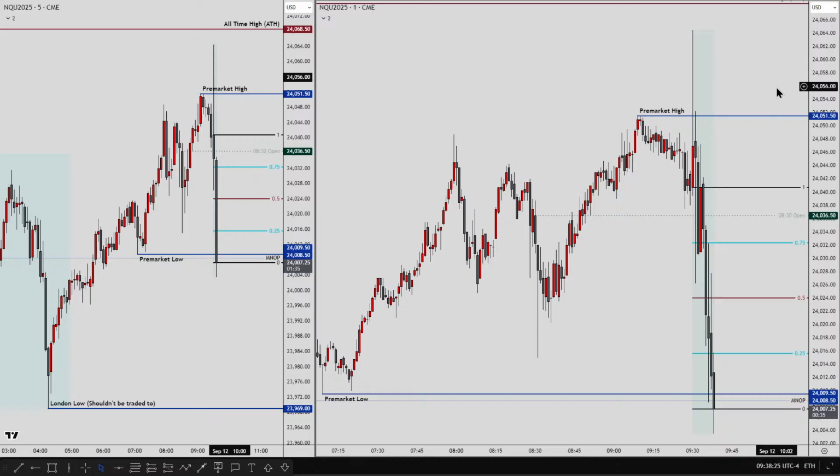Would you take that if you're bullish for the day? Take what? Take a buy right now? No. I would need more market structure shift, change in state of delivery, stuff like that. Everything we've gone through in terms of waiting for it to flip the market structure. So when there's a liquidity event, we trade through the pre-market low.